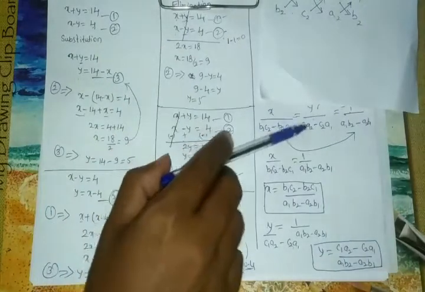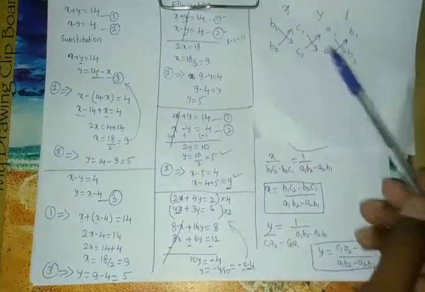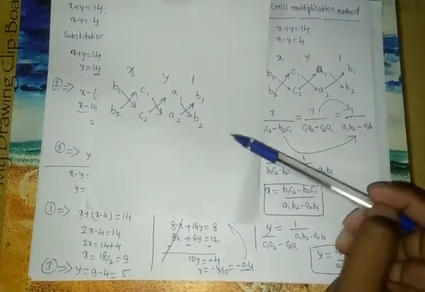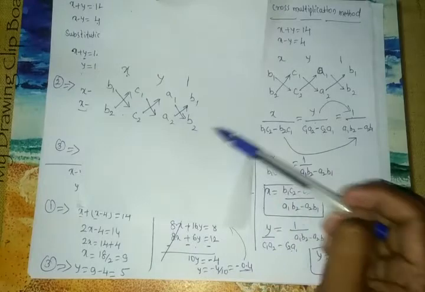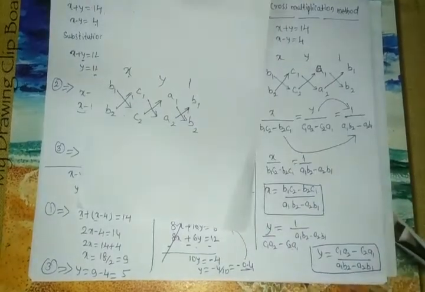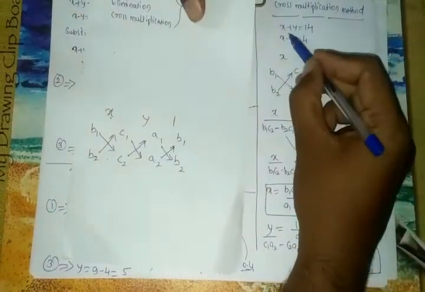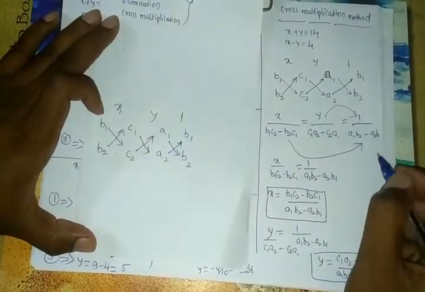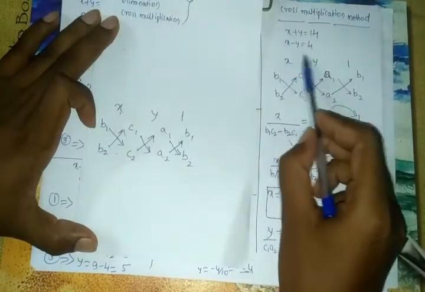Okay, so y divided by c1 a2 minus of c2 a1, and 1 divided by a1 b2 and minus of a2 b1. Okay, so how to get x and y here? For that I should know what are a1 b1 c1 of this equation and a2 b2 c2 of this equation.